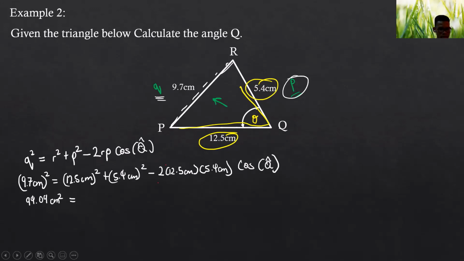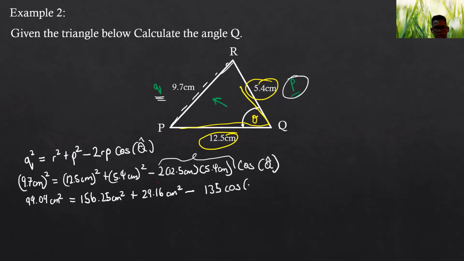And 12.5 squared, subtracted by 2. We can only multiply up to this, and then leave it multiplying the cos. So 2 multiplied by 12.5 multiplied by 5.4 gives something like 135, still multiplying by cos Q.